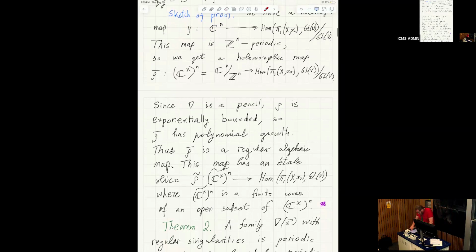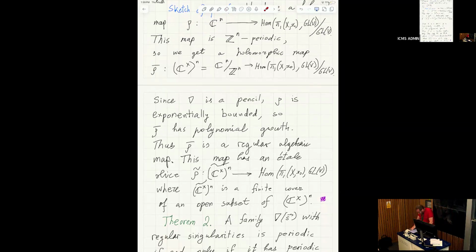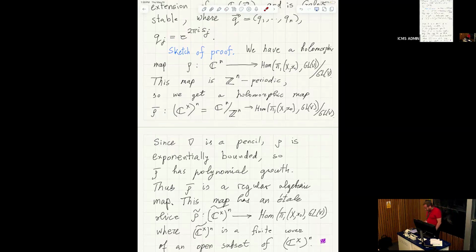And now I would like to have a map to the Hom space itself, not Hom space modulo GL(V).